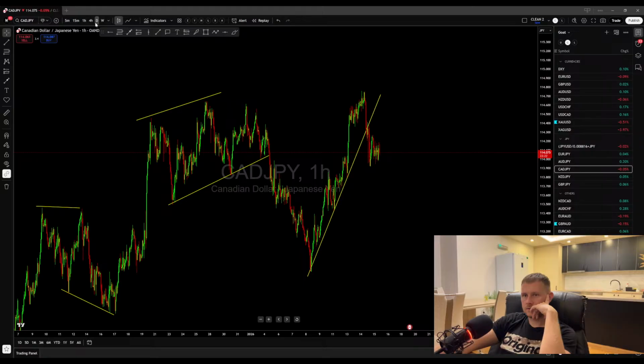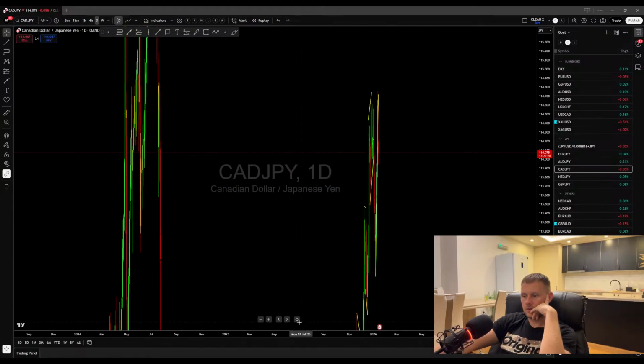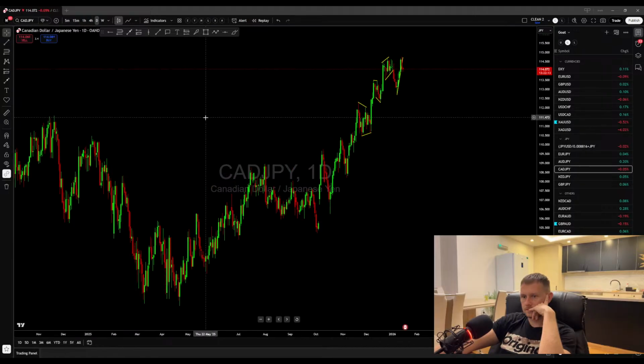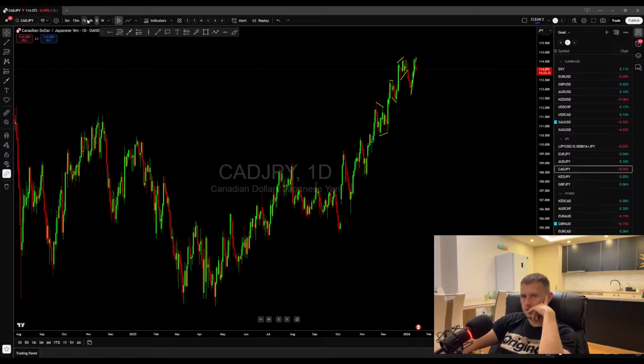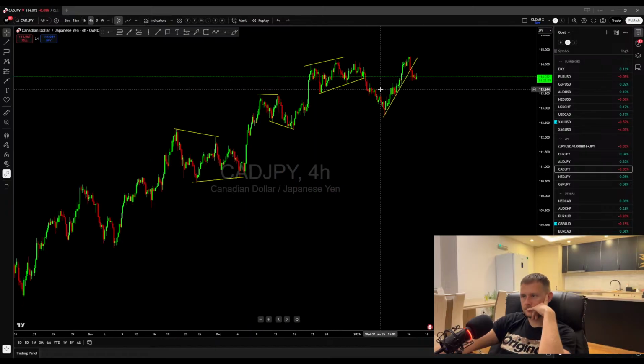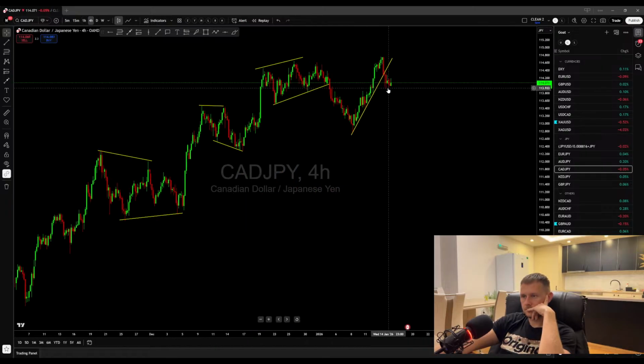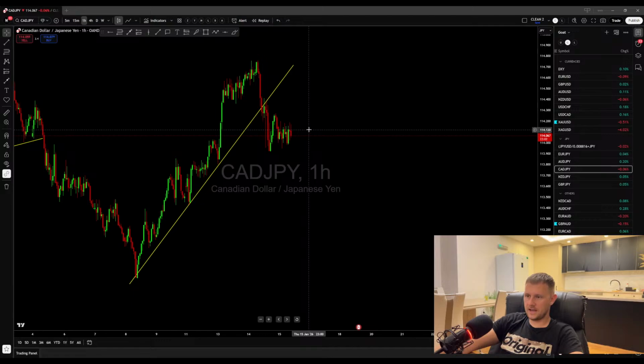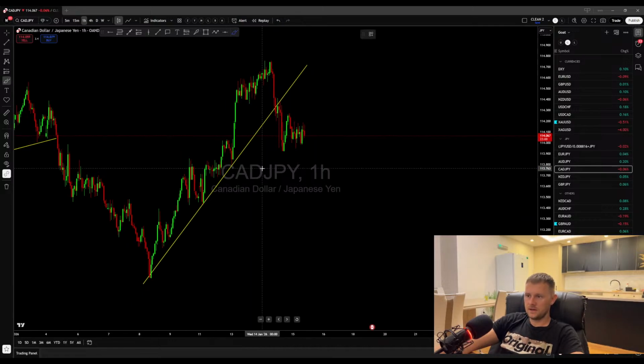Maybe this one can go. This one can go. But we need confirmation. We need this to complete itself. So CAD maybe will be the sell, but here the structure is still not complete.